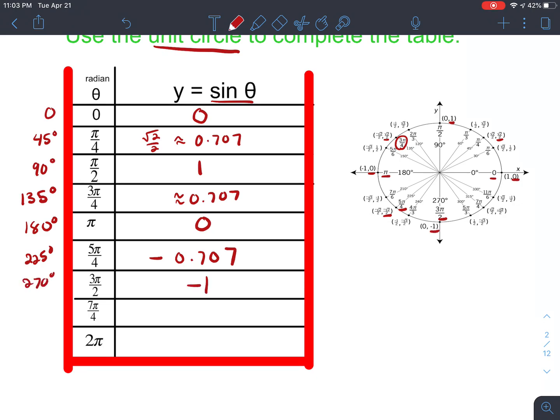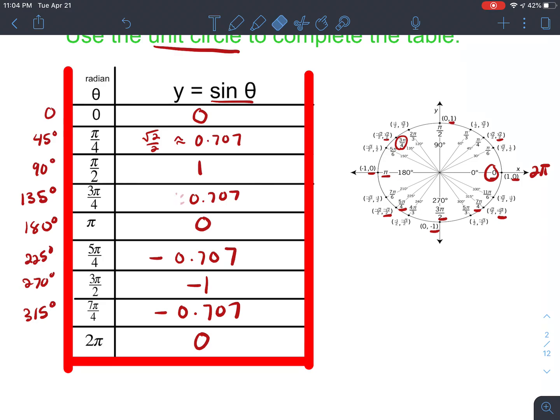We know the y value is equal to a negative 1. 7 pi over 4, as you can see on the unit circle, is 315. That's going to be a negative radical 2 over 2, which is negative 0.707. And 2 pi, which we know is equivalent to 0, right? We're back where we started, and 2 pi has the y value of 0.